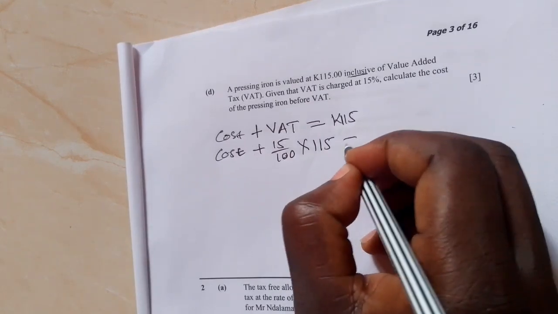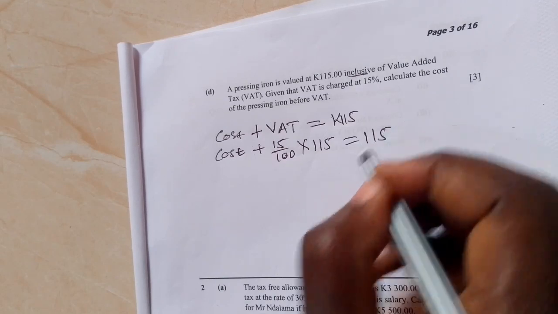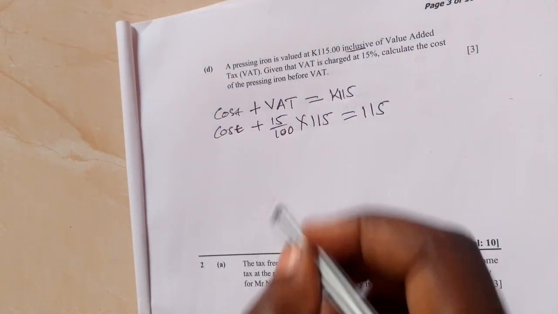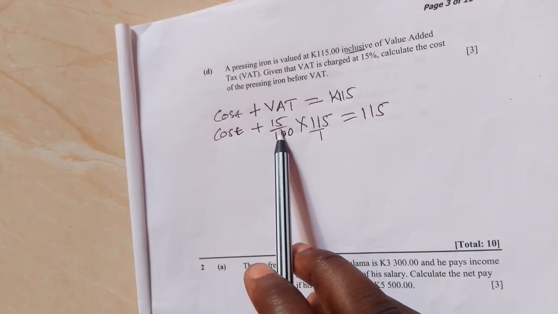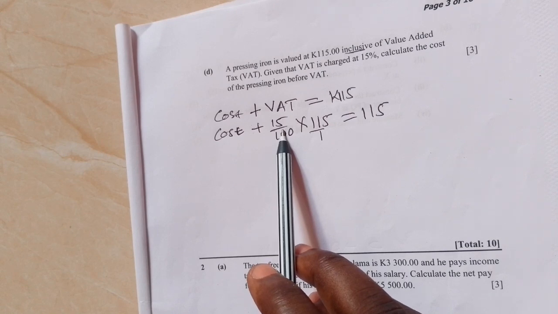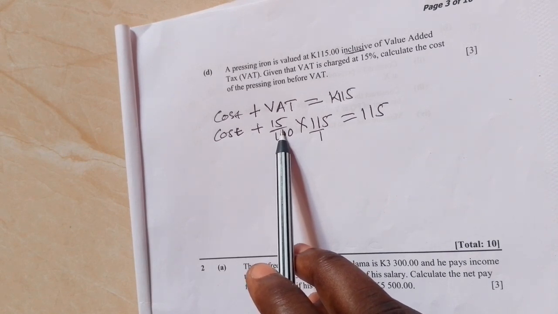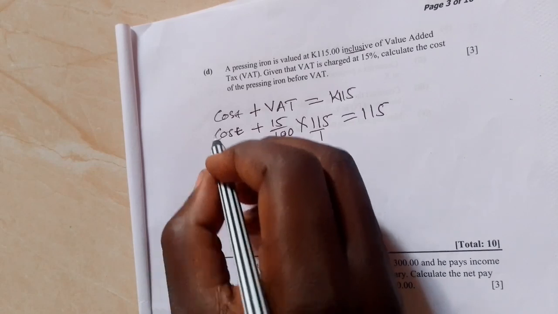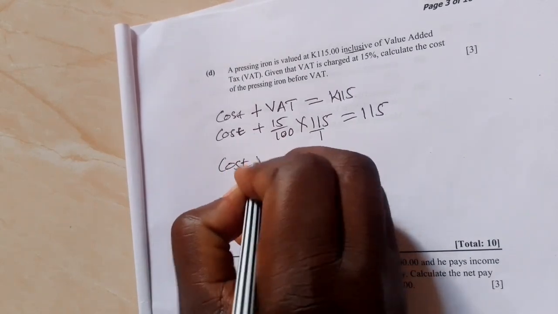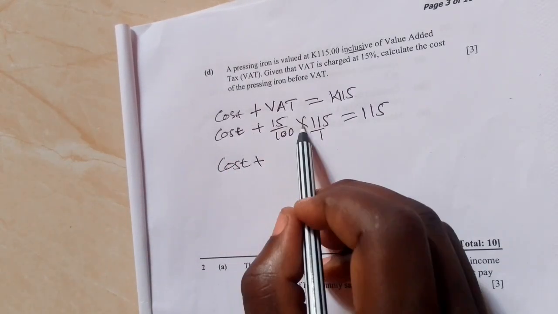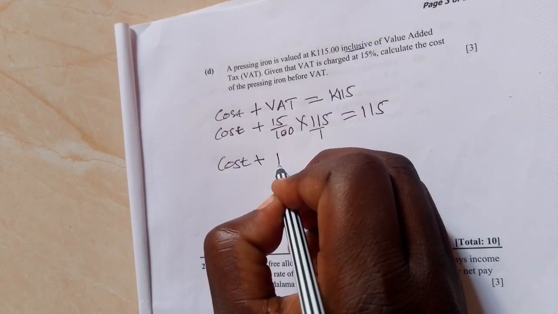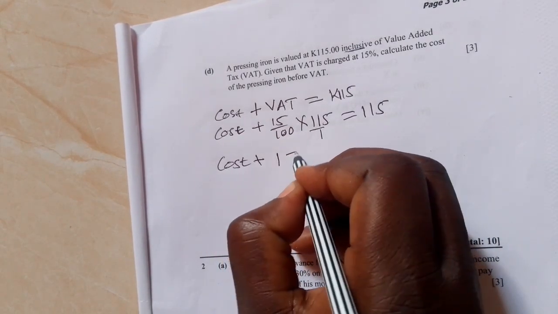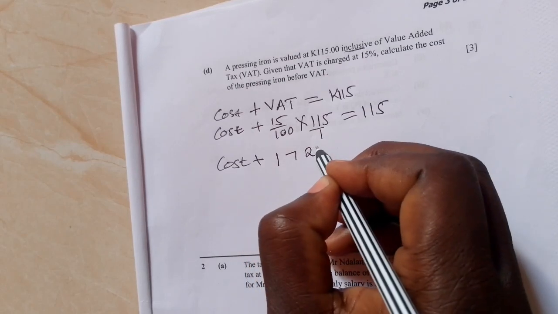115 is equal to 115 here. Okay, so from here you can say over 1 here. Then when you say 15 times, okay, let's write it like this, cost plus, then you say 15 times 115, you are getting 1,725.